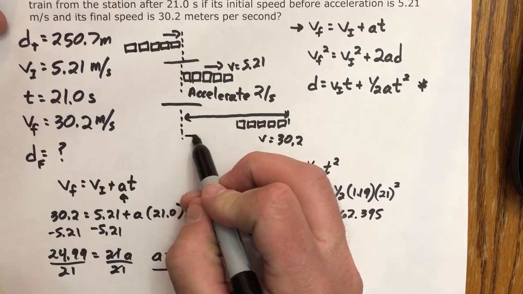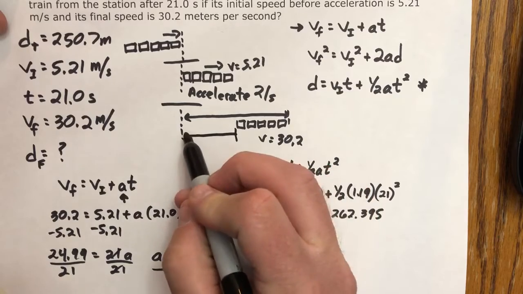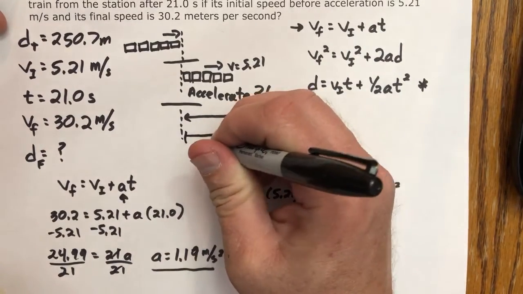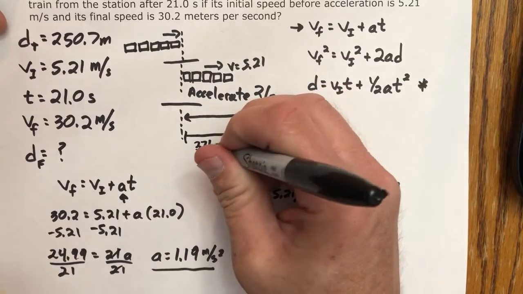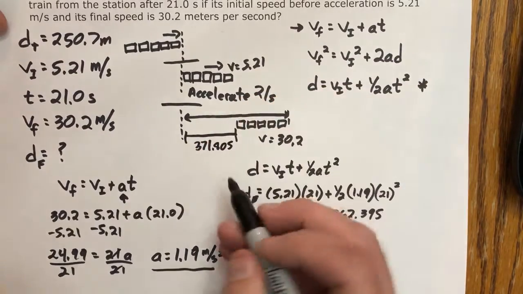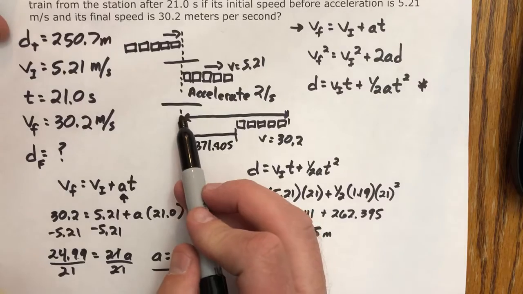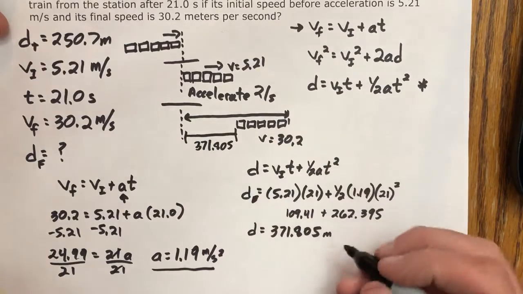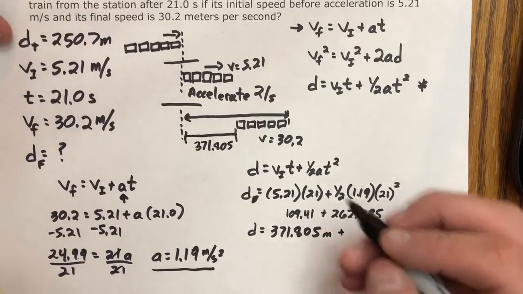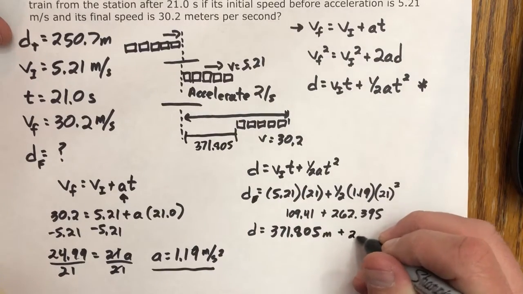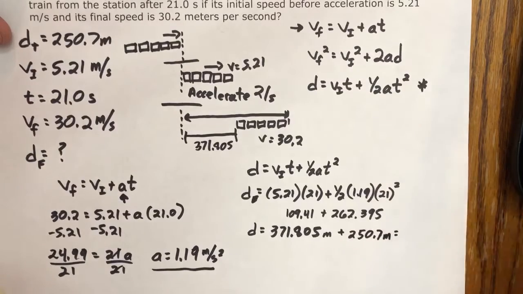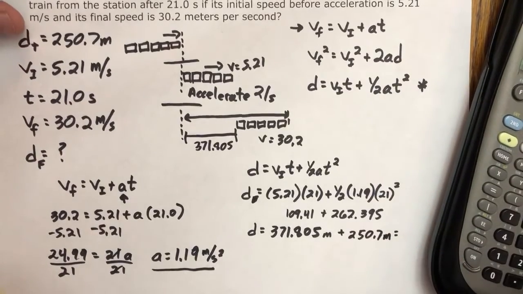So we just found the distance the train moved, so that would be from the last car to the last car. That is 371.805. So to find the distance from the end of the train station to the front of the train, we then have to add to that the length of the train, 250.7 meters, and that's going to give us our final answer.